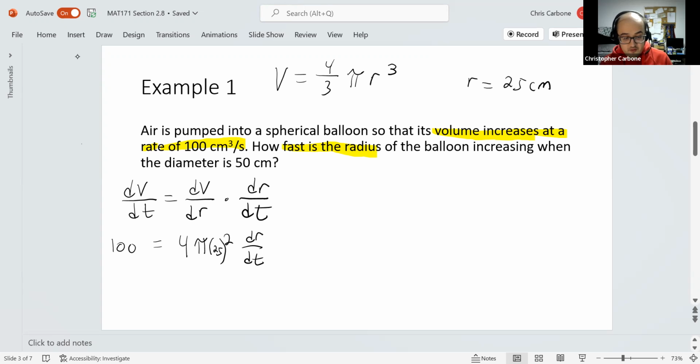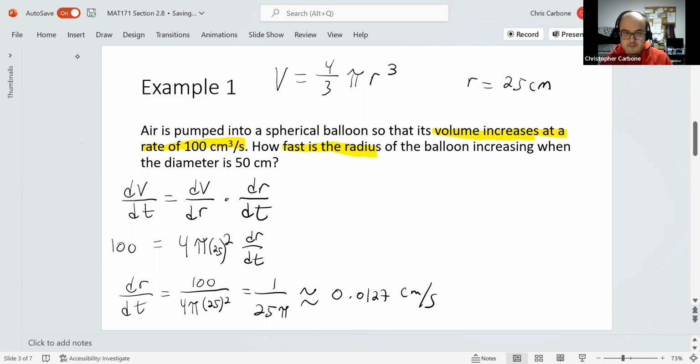We divide by 4 pi times 25 squared, so the derivative of r with respect to t is 100 divided by 4 times pi times 25 squared, which gives us 1/(25 pi). That rounds to about 0.0127 centimeters per second.